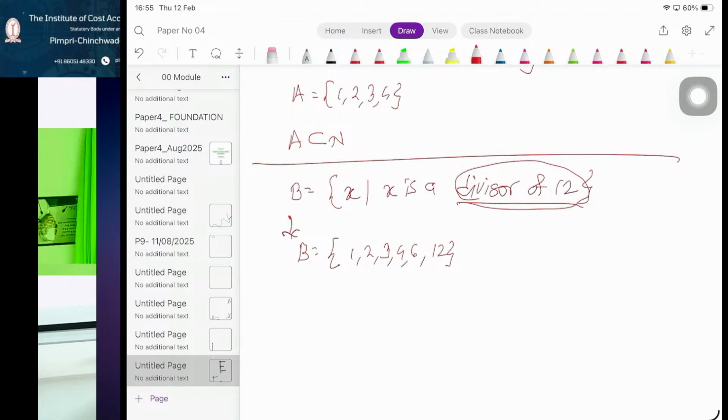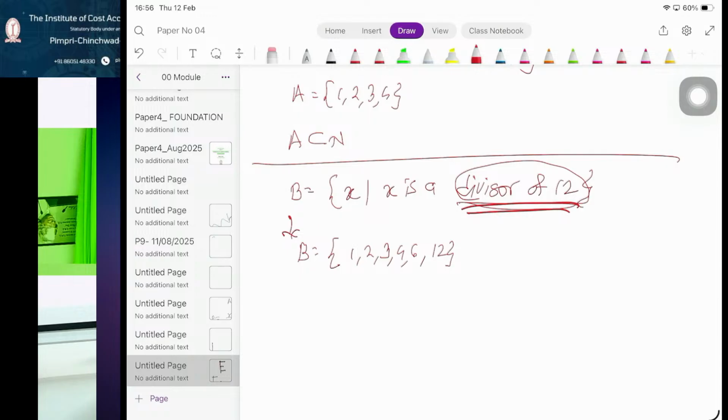जैसे हम कहते हैं ना, Suresh is a son of Ramesh. सुरेश इज सन ऑफ रमेश, यानी रमेश पिताजी हो गया और सुरेश उसका लड़का हो गया. सेम थिंग, डिवाइजर ऑफ 12 का मतलब है 12 ये नंबर है और ये 12 को 1 से भाग जाएगा, 2 से जाएगा, 3 से जाएगा, 4 से जाएगा, 5 से नहीं जाएगा, 6 से जाएगा, 7 से नहीं जाएगा, 8 से नहीं जाएगा, 9 से नहीं, fully divisible, 10 not fully divisible, 11 not fully divisible, but 12 itself is fully divisible.